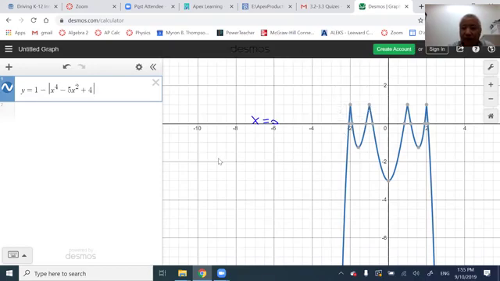So we can see that x equals -2, at least we can see x equals -2, x equals -1, and x equals 1, and also x equals 2 there. The function is not differentiable at those points. All right.